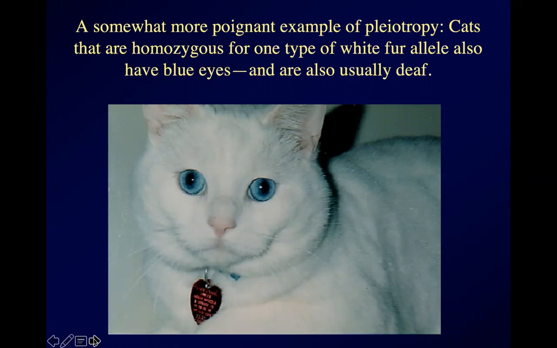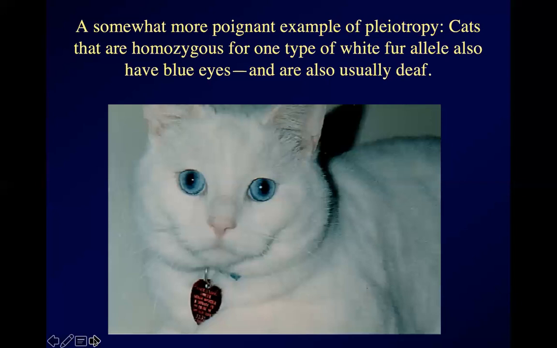But there is a completely separate gene with two alleles, which we can write big W and little w for white fur. Cats that are homozygous for the recessive white fur allele are completely white. They also have blue eyes, and they're also usually deaf. So that's pleiotropy as well.